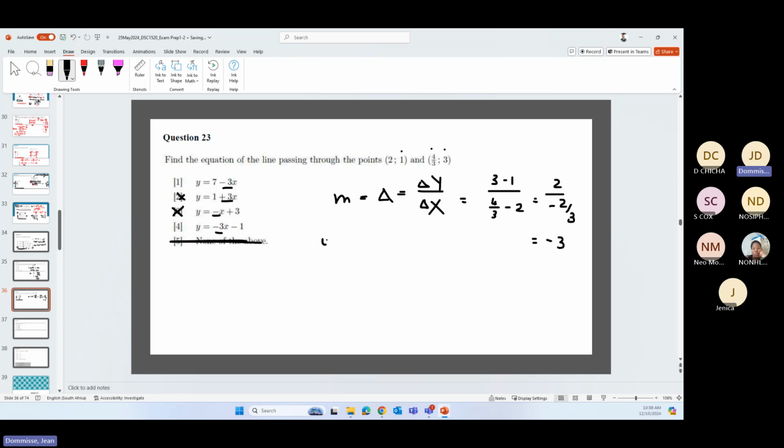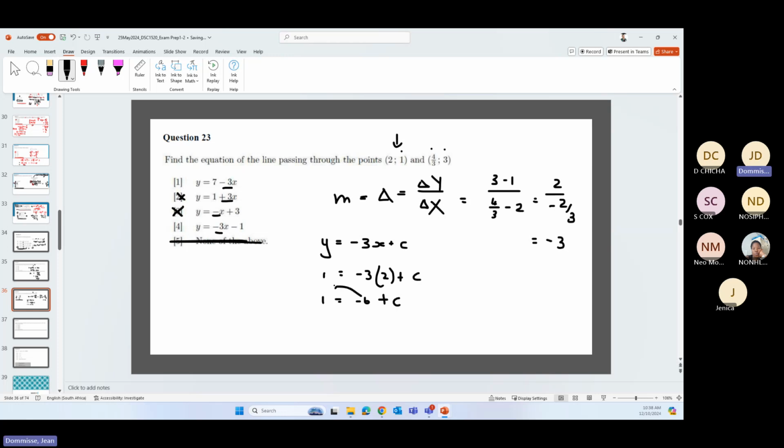So now we have y is equal to mx plus c, and we can put in any one of those two points. I don't want to work with fractions, so I'm going to use this point. So y is 1, x is 2. So 1 is equal to minus 6 plus c.